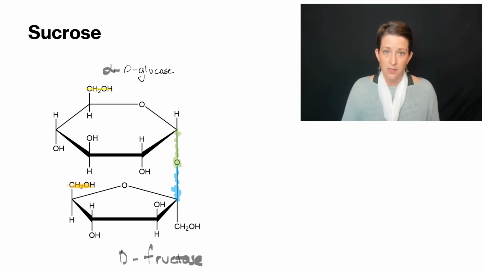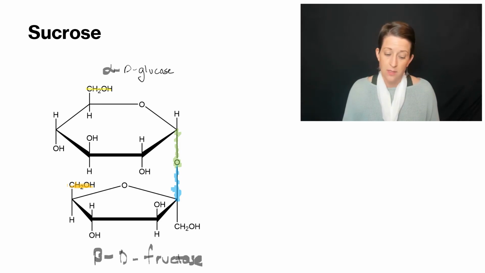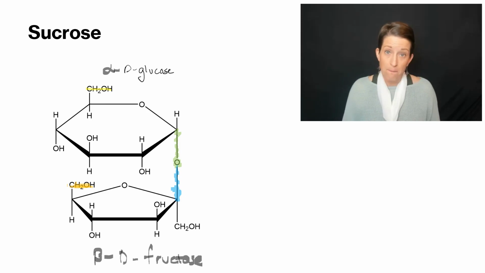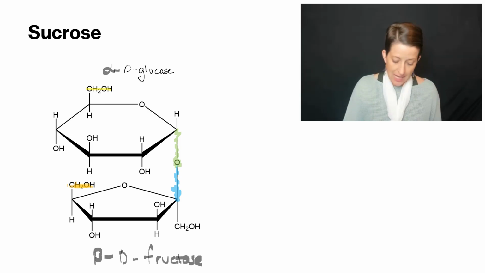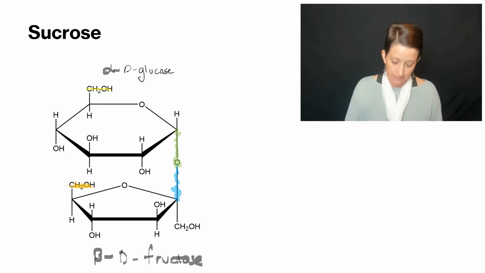Because we're bonding to carbon 2, which is also an anomeric carbon, we have to use a beta D-fructose in this structure. Since both anomeric carbons are participating in this glycosidic linkage, it needs to have both Greek letters so we know where those linkages come from.